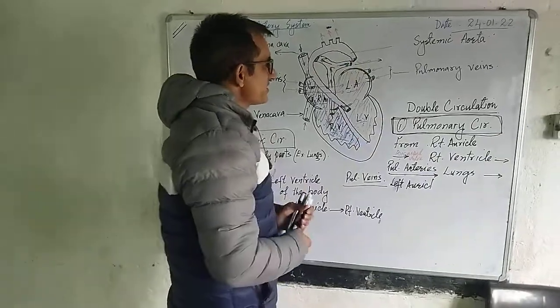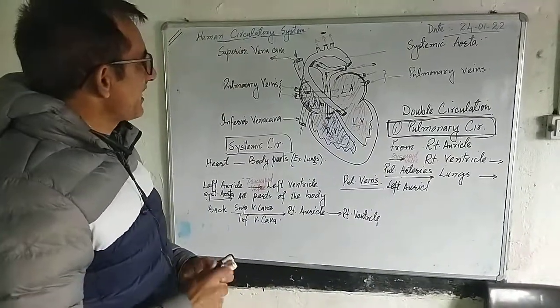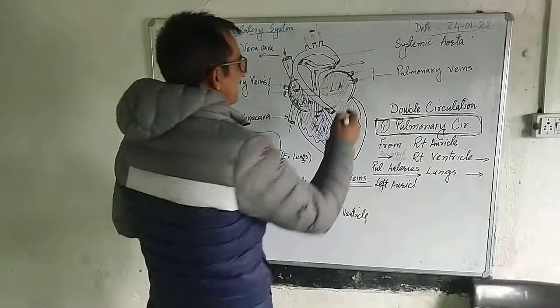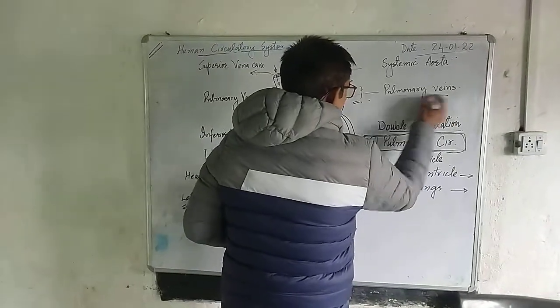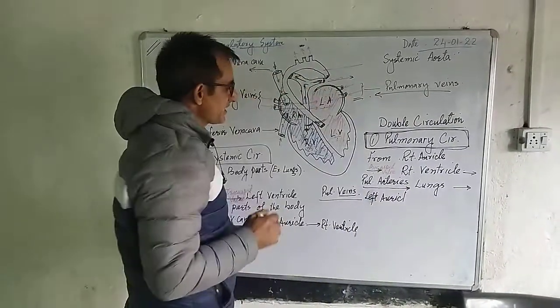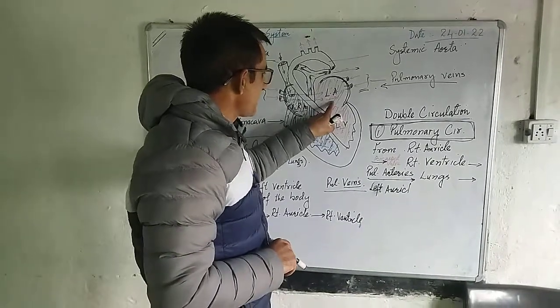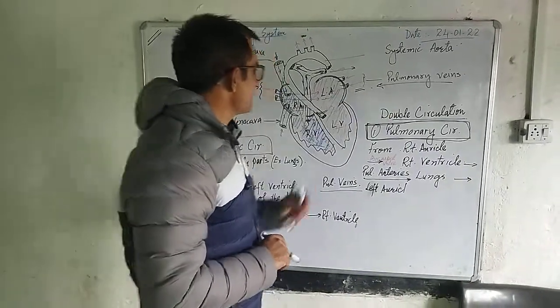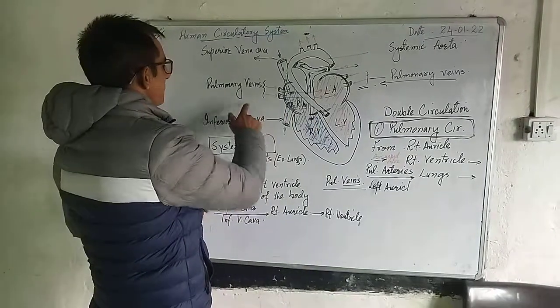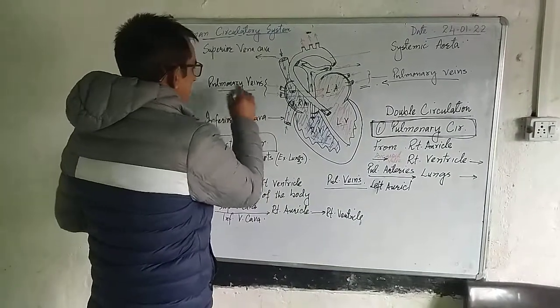After getting oxygenated in the lungs, the blood comes back through pulmonary veins. Pulmonary veins get the blood back into the heart. Now it is received by the left auricle, by two pairs of veins called pulmonary veins.